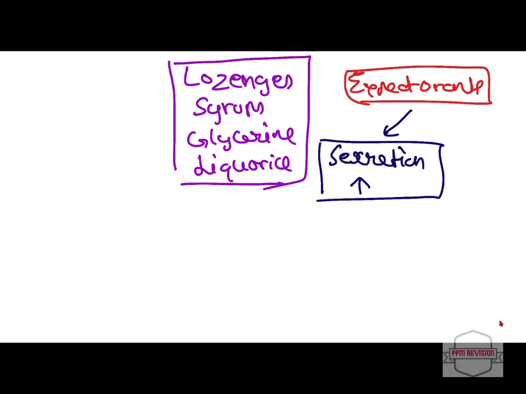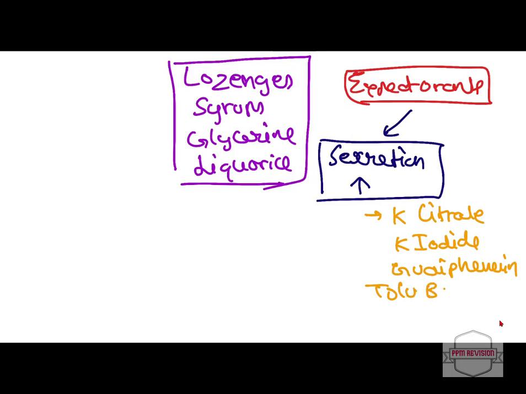Under this there is potassium citrate, potassium iodide, guaifenesin, there's tolu balsam, there's vasaka, as well as ammonium chloride.